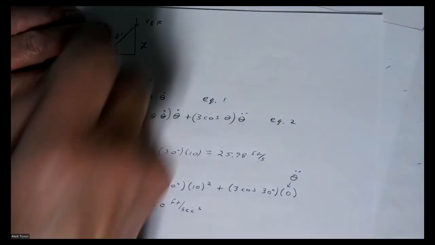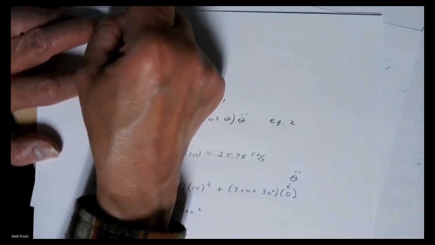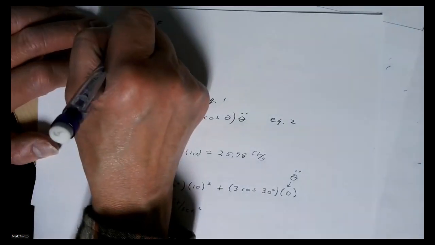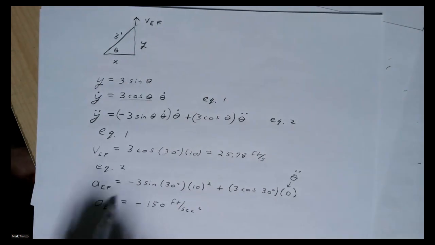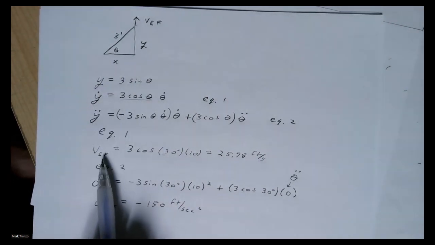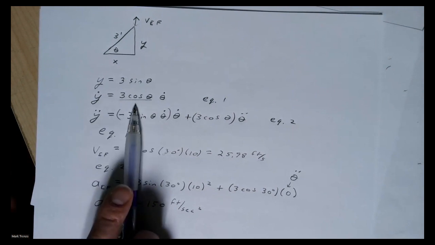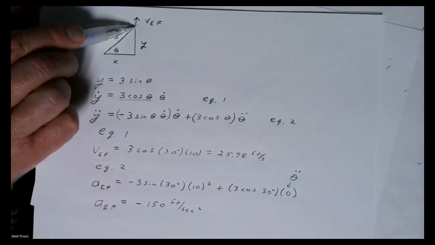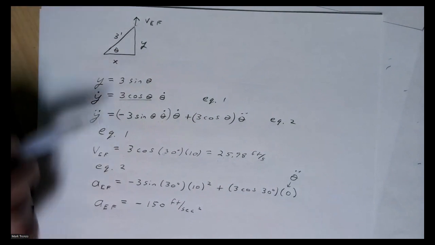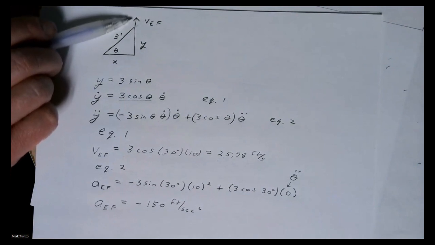Now look at these. Thinking of this, I probably should have written this VEF going upward, because the way I wrote this, this is going to be y dot, and clearly if the omega is going this way, y dot is going to be increasing, and VEF would be going in that direction.